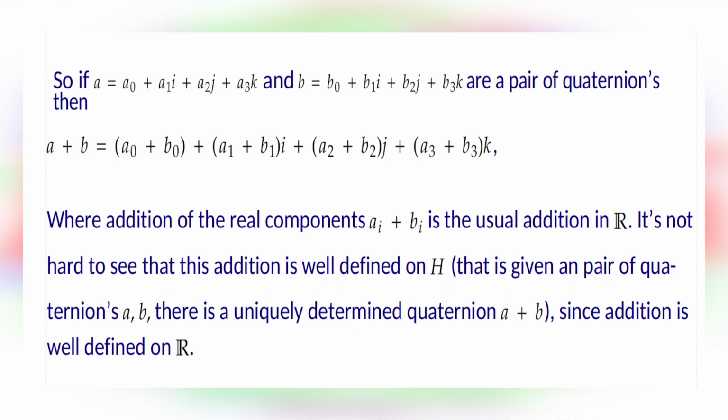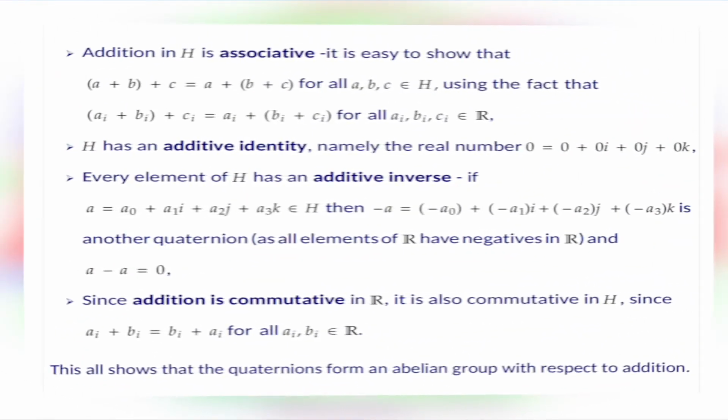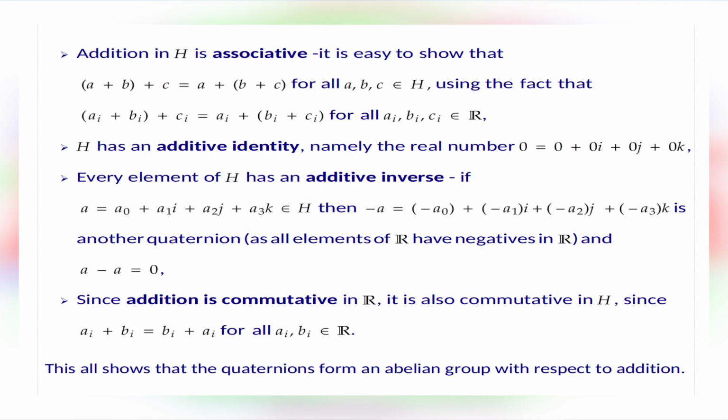It is not hard to see that this addition is well defined on H. That is, given any pair of quaternions A, B, there is a uniquely determined quaternion A plus B, since addition is well defined on R. Note that addition in H is associative.